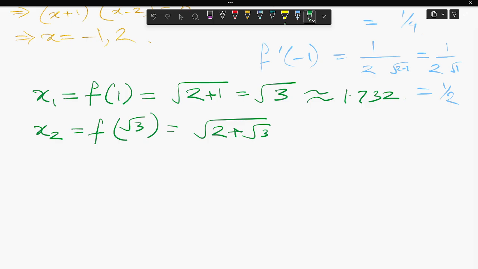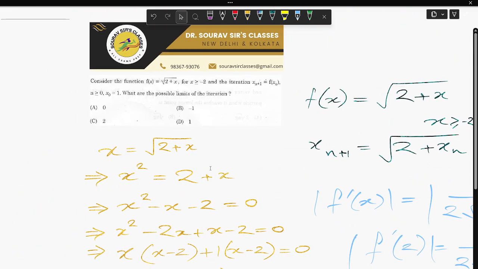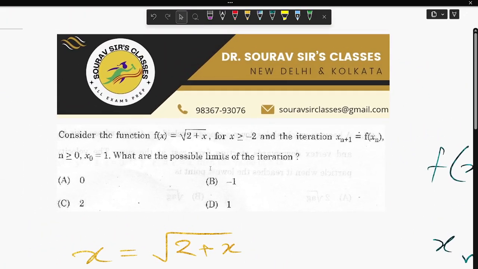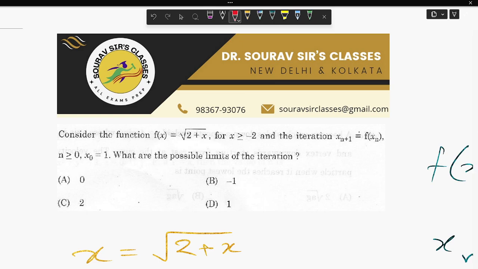Observing the trend, we see that the sequence is increasing and will approach the larger fixed point, which is x equals 2. So the only possible limit for the given iteration starting at x_0 equals 1 will be 2. So the correct answer of this question, the possible limit of the iteration, is option C, which is 2.